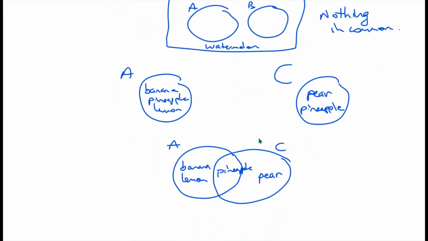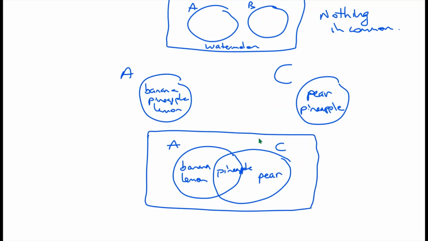Similarly here, I can draw a big outside. I think this is called the universe. I like to call this the universe, this big rectangle. Well, what's going to be in the universe is anything in my set that's not in set A and it's not in set C. So it's not a yellow fruit and it's not a fruit that begins with the letter P. So what would that be?